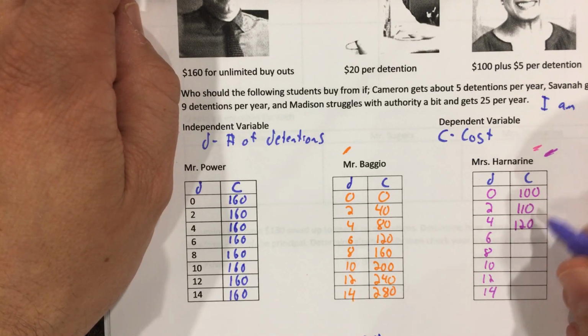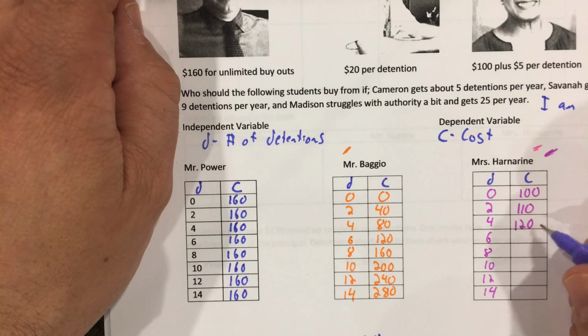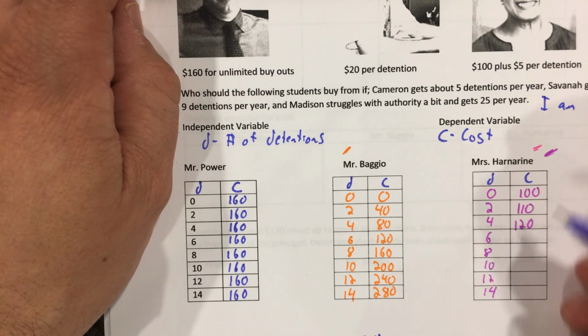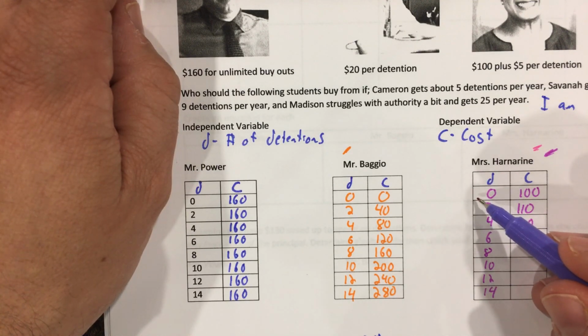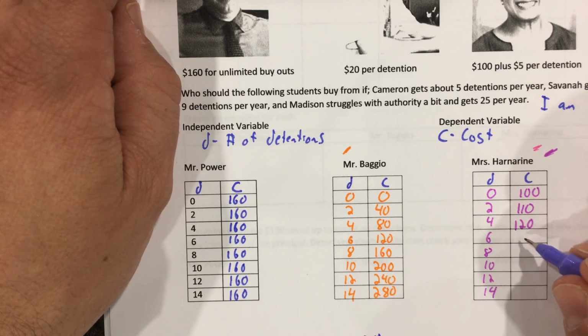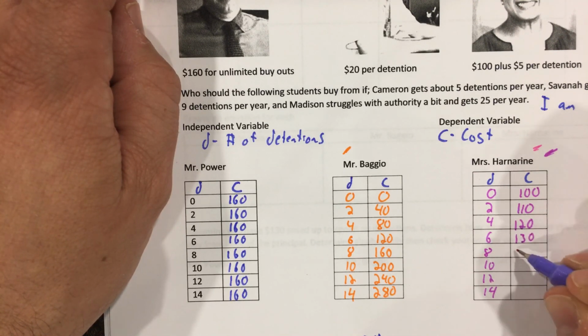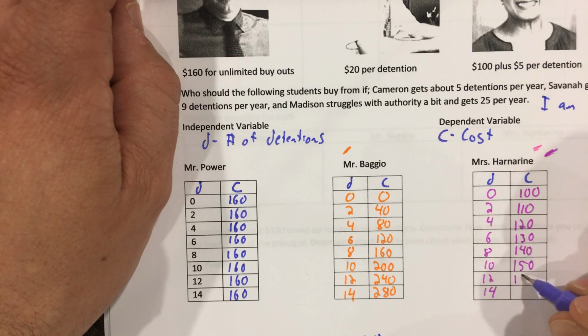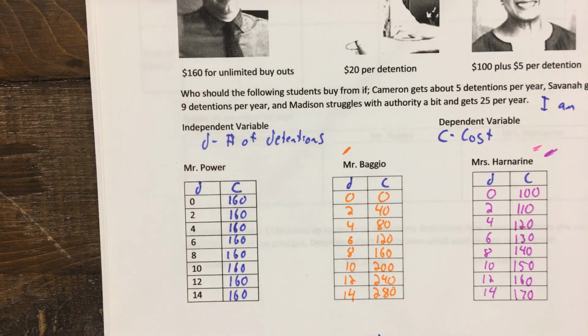And as we go up, we have a pattern going up by 10s because the detention is going up by 2s. So 120, 130, 140, 150, 160, and $170.